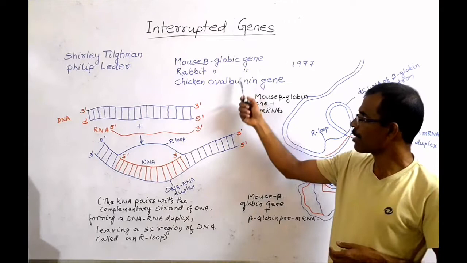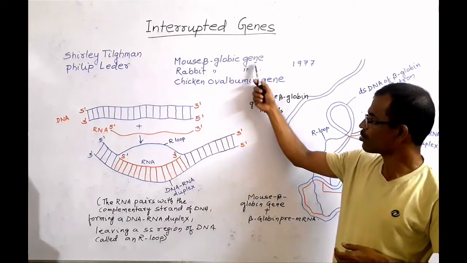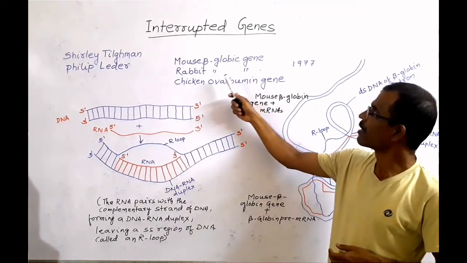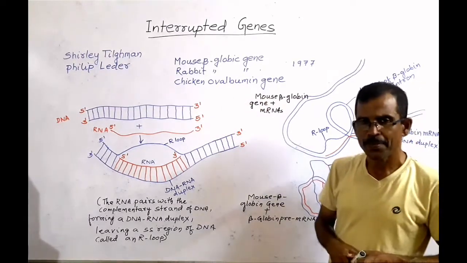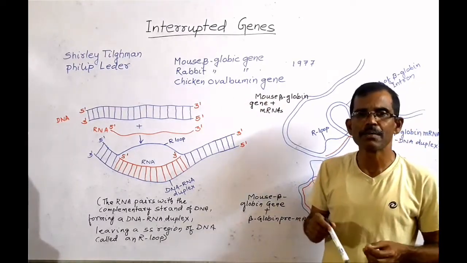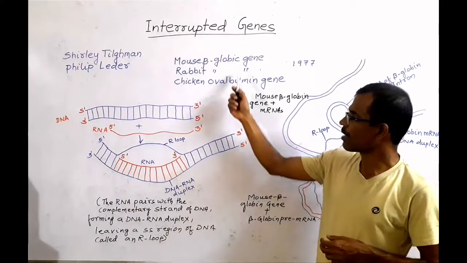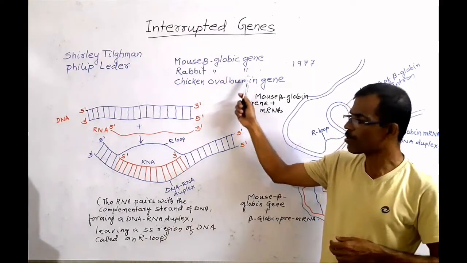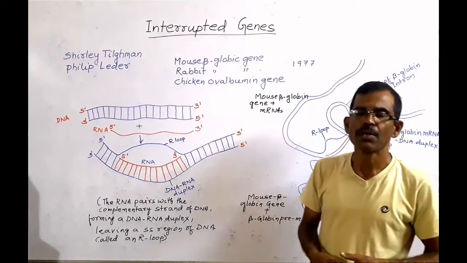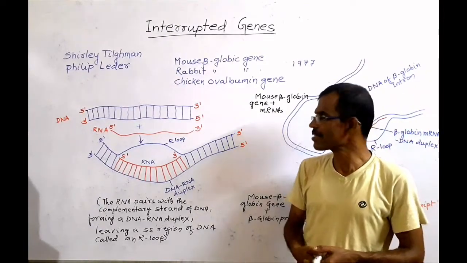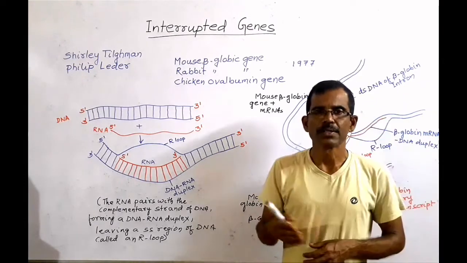These three eukaryotic genes are the mouse beta-globin gene, rabbit beta-globin gene, and chicken ovalbumin gene. The analysis indicated the presence of non-coding sequences or introns.